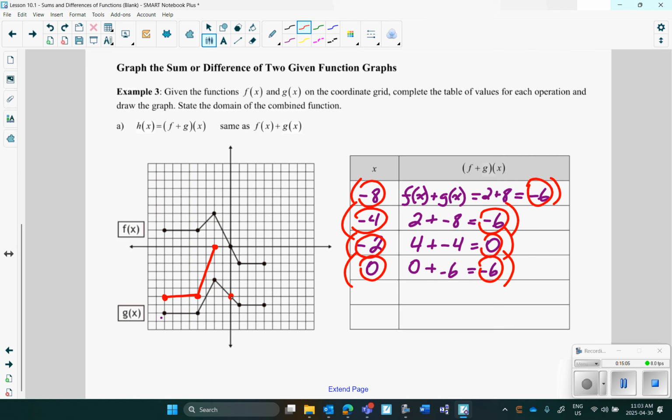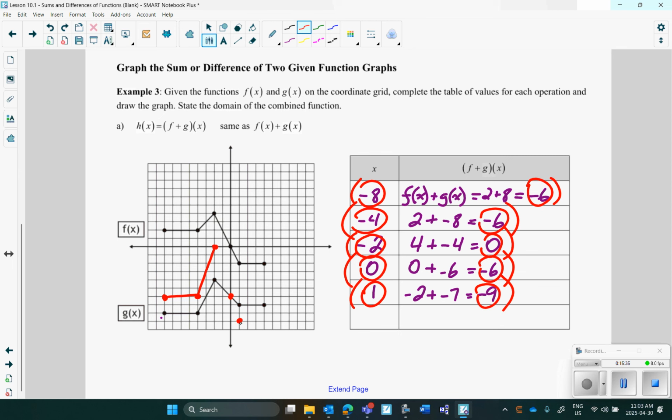Equals 1. Well, when x equals 1, I've got -2 plus -7 gives me -9. That's my 2 there. 1, -9. So I'm down there.